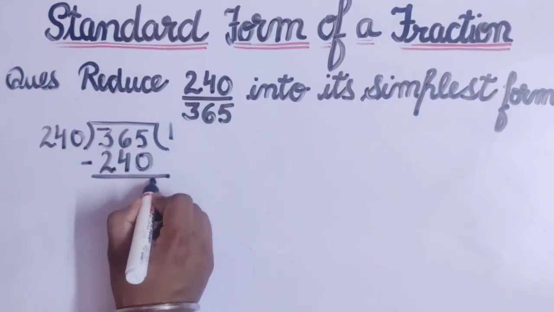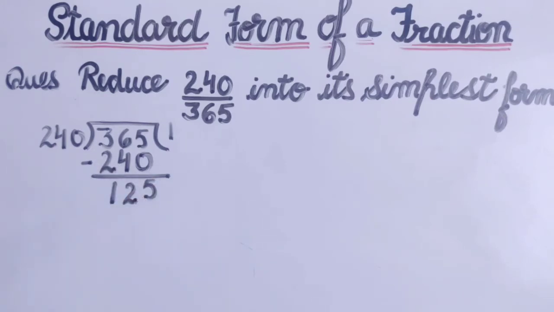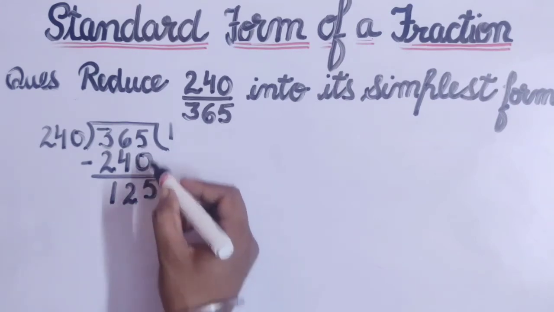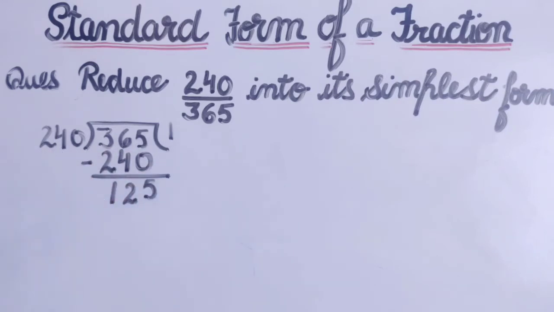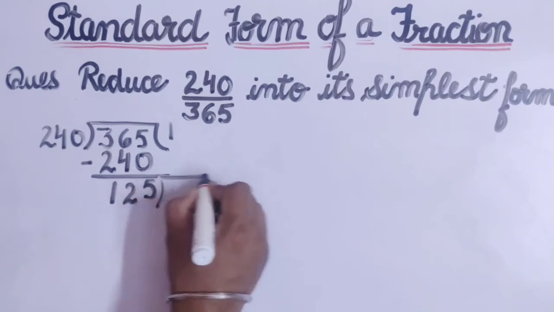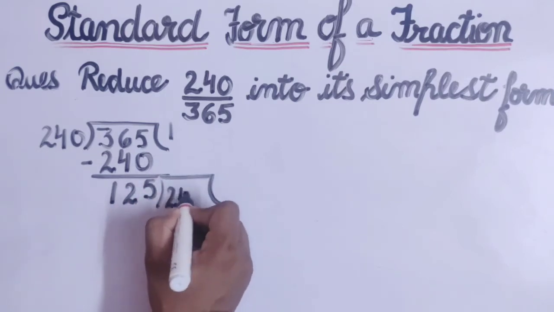Now my remainder will be, students, 125. Second step is when the remainder comes after dividing the bigger value with the smaller value, then that remainder becomes divisor and divisor becomes dividend.